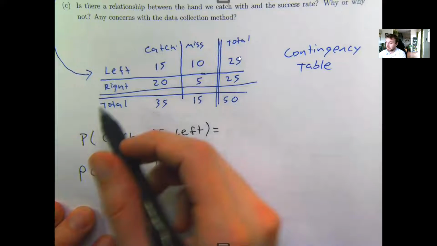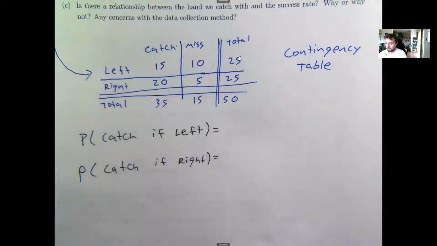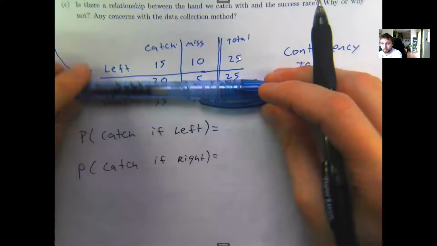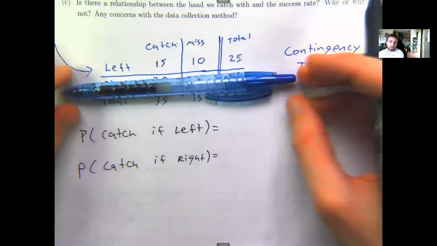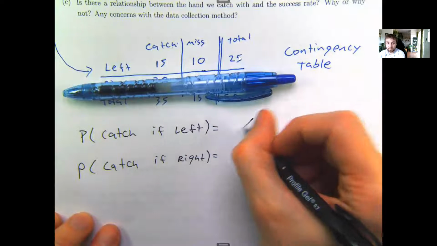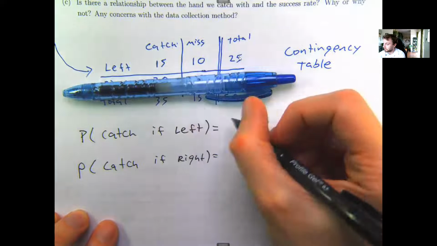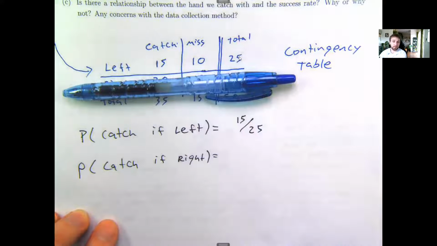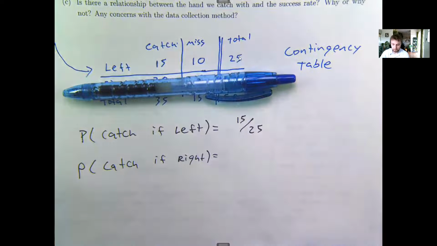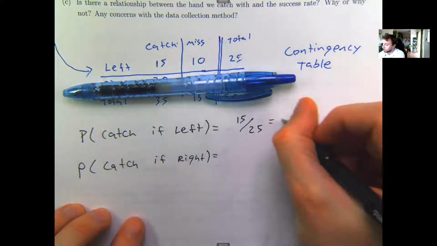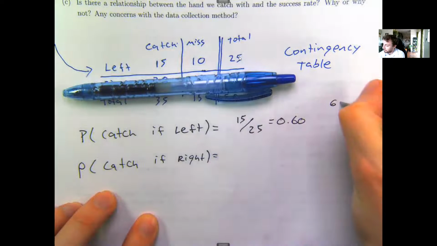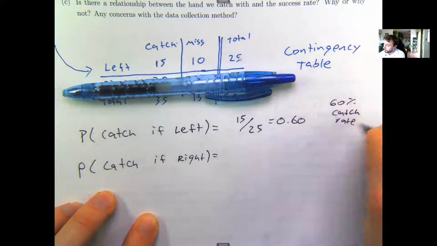For this data set, if you used your left hand, then you're looking at that top part of that table there. This is out of those 25 trials. And there were 15 successes out of the 25. Typing this into a calculator, I get that there was a 60% catch rate for the left.